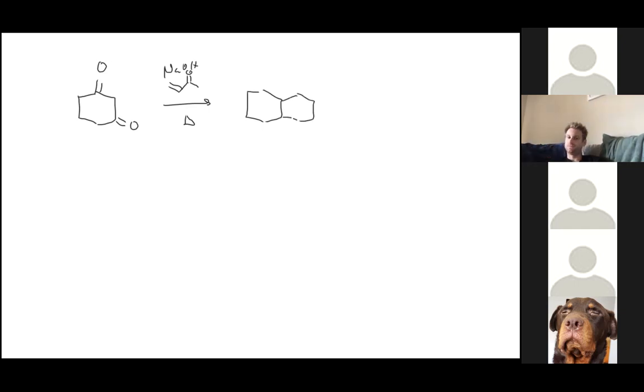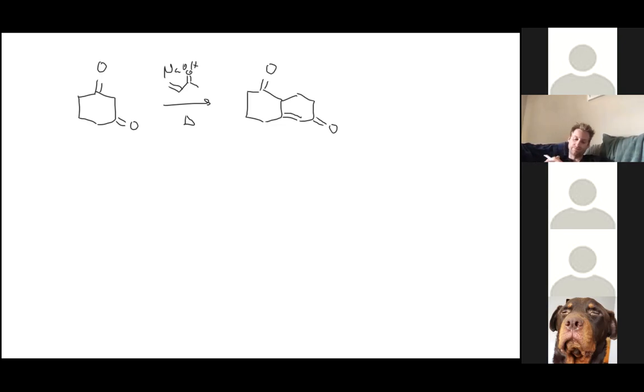These always form a 6-membered ring with a double bond that is located here. This is our general structure for this reaction. It'll always occur like this.